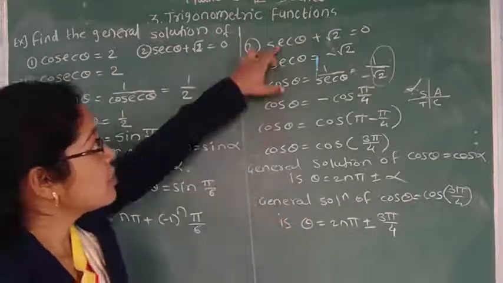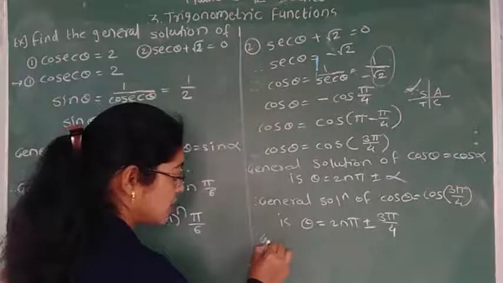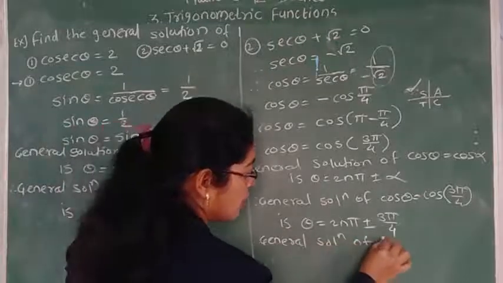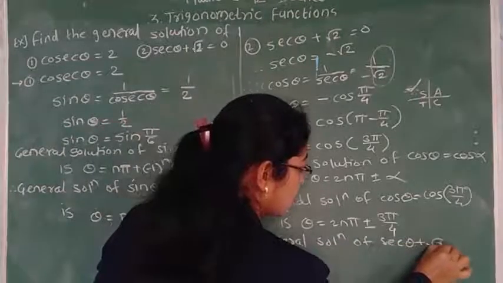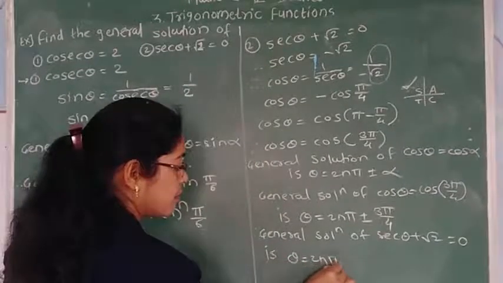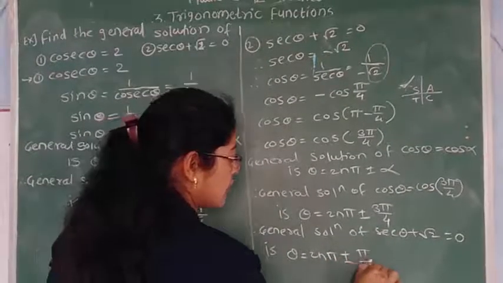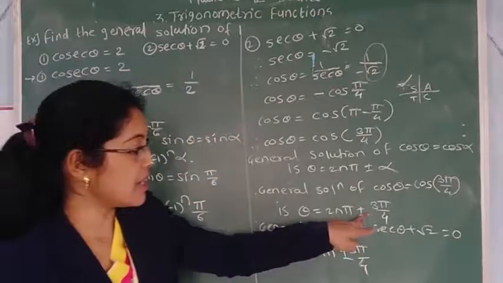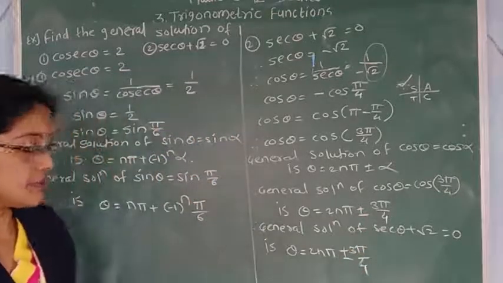So therefore general solution of sec theta plus root 2 is equal to 0 is theta is equal to 2n pi plus minus 3 pi by 4.